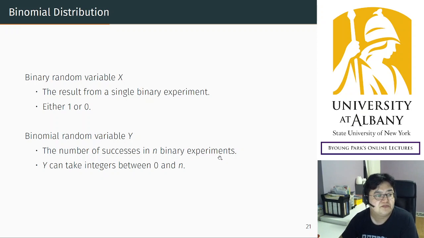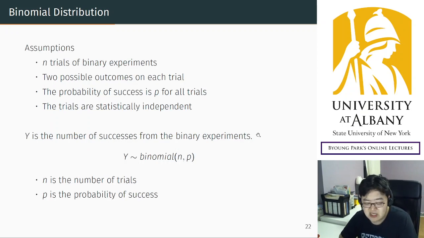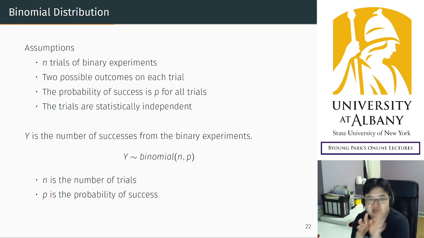So that's how we define a binomial distribution. It is another parametric distribution family, and it requires a little more assumptions because its structure is more complicated. It requires 4 assumptions.